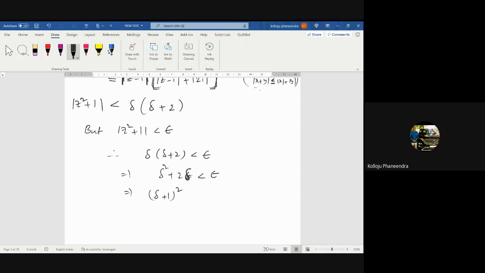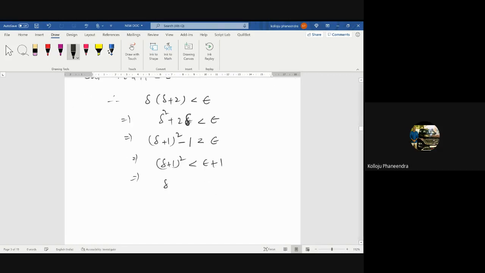Delta plus 1 whole square minus 1 is less than epsilon. So delta plus 1 whole square is less than epsilon plus 1. So what is delta plus 1 now? Delta plus 1 is less than root of epsilon plus 1.